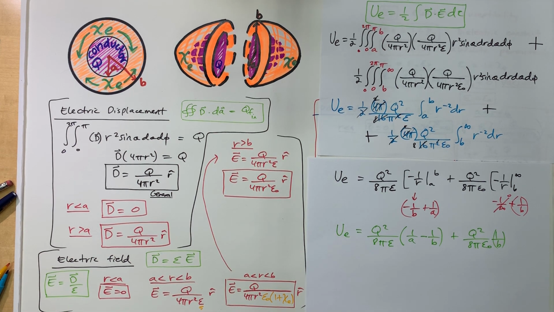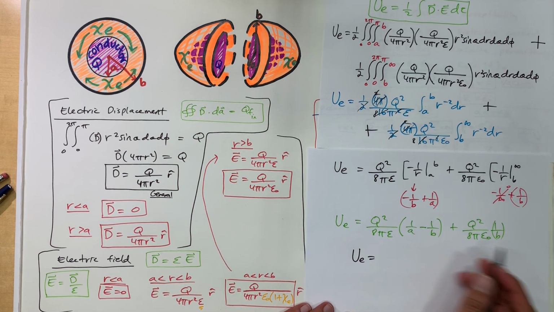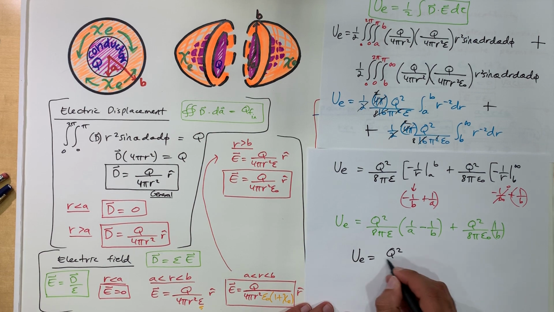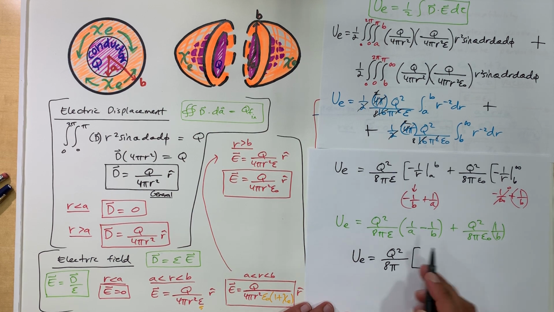All right, so we want to just simplify this further, make it look nice and pretty. We take the q's out, q squared, we got 8 pi in common, and that's it. So what we're left with is 1 over a epsilon for this part.